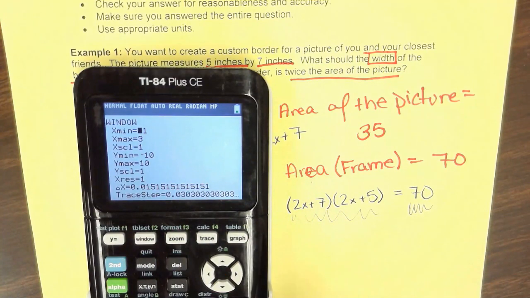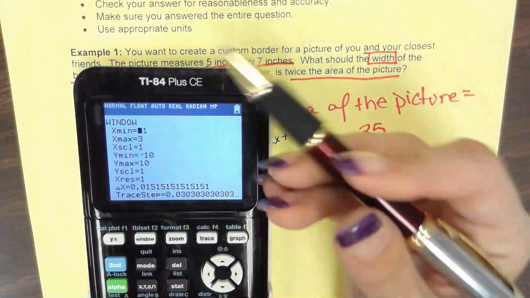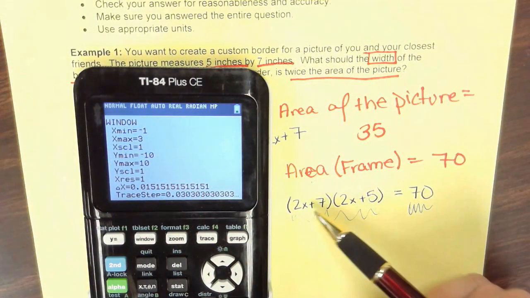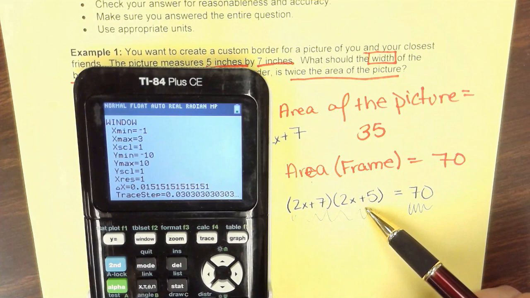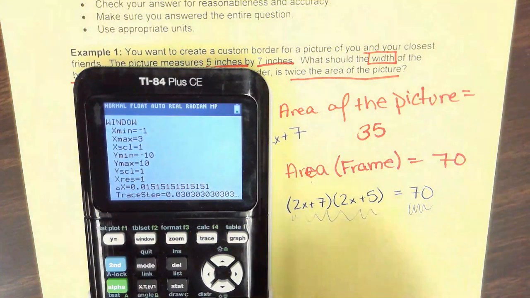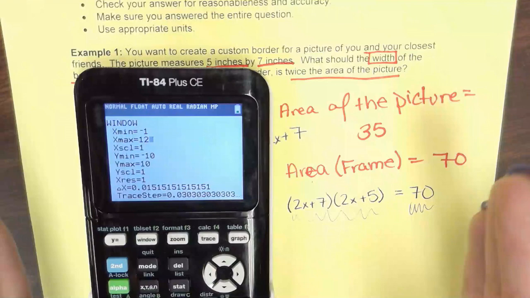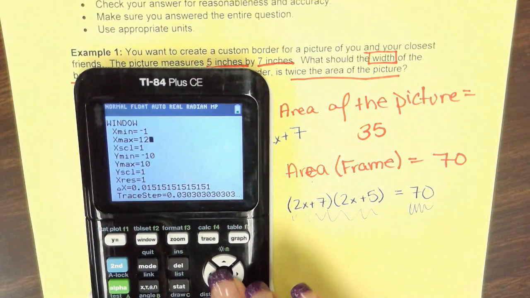So first of all, my max and my min for x is, well, we need x to be a positive number. So let's do -1 to, let's say, 12. So we get this big range of distance.